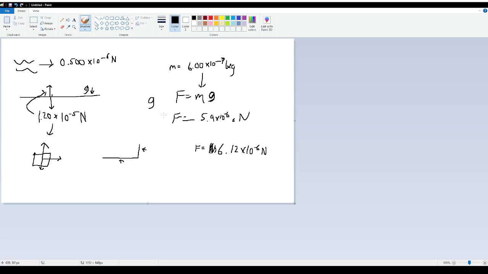Let's keep our units in order. This represents this line right here, and this one up here represents this other line.